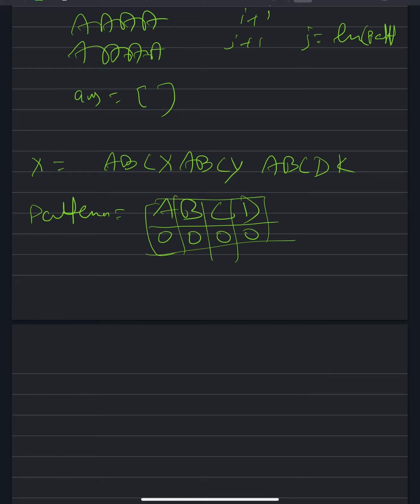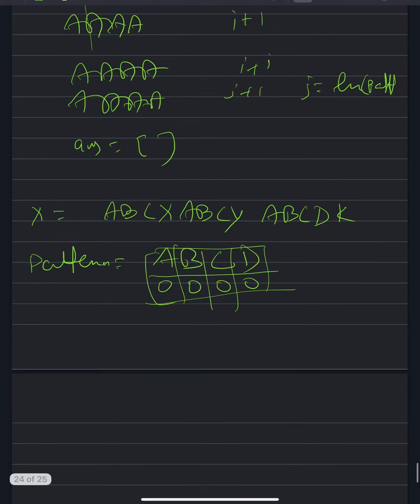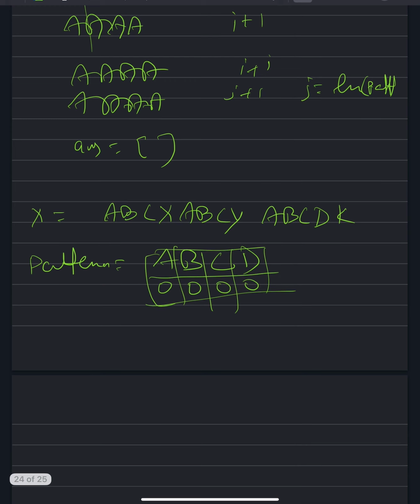In this case, we start matching with I equal to 1, ABC till ABC, it is matching. Now for J equal to 3 and I equal to 3, it is not matching. So till this point we are checking, and it is not matching.